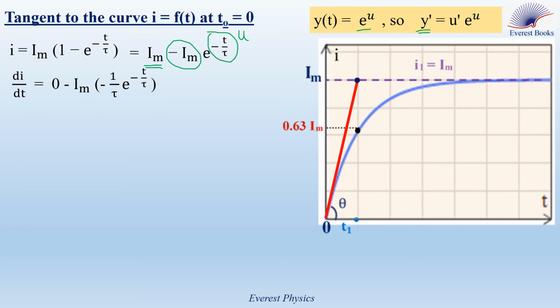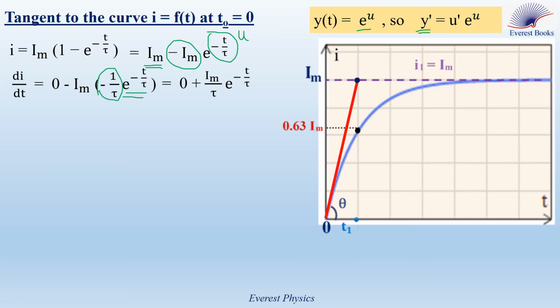Now, what is the derivative of e to the power minus t over tau? So what is u prime? U prime is equal to minus 1 over tau, and this is e to the power u. Now this is going to be Im over tau times e to the power minus t over tau.